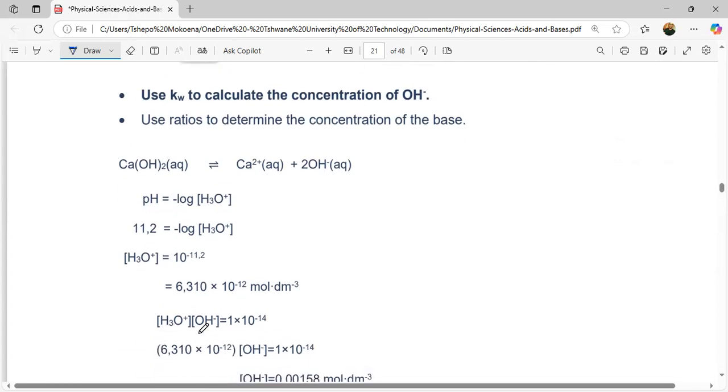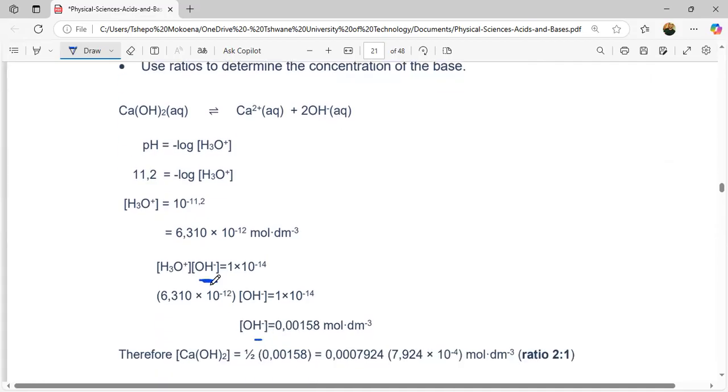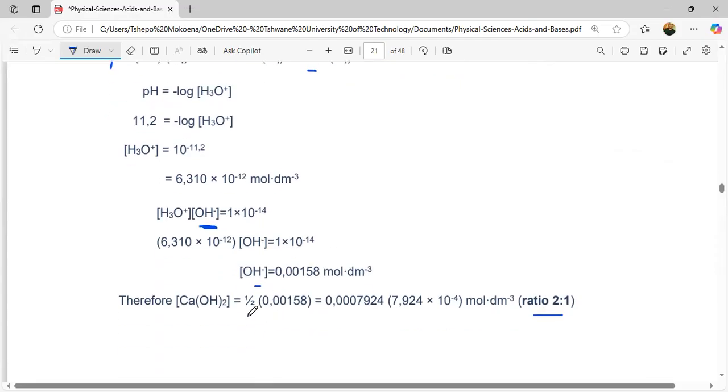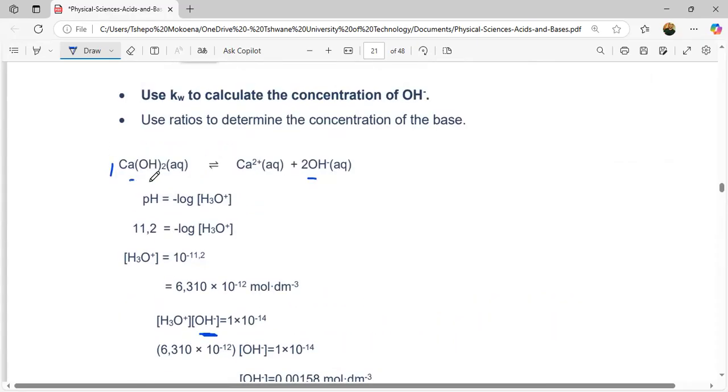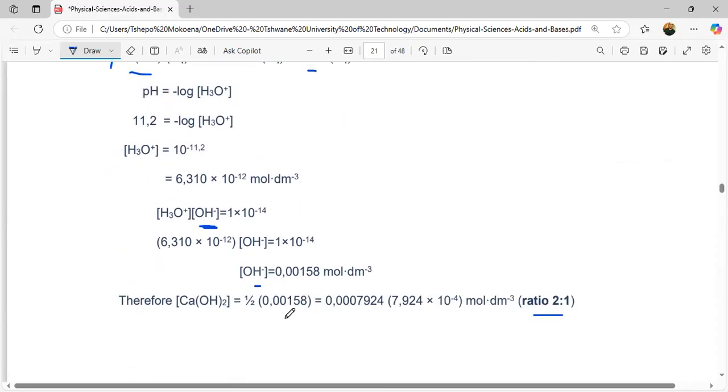Because we are talking about the base, you have to calculate OH. Here is your OH, not H3O plus ion. From this balanced chemical equation, we can see the ratio is 1:2. Then you divide by 2 or you multiply by half. Now you can get your concentration of CaOH in this format, because you calculated the concentration of OH, which is this one, and then 1/2 multiplied by that.